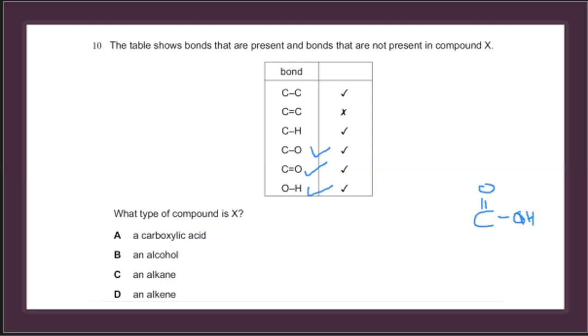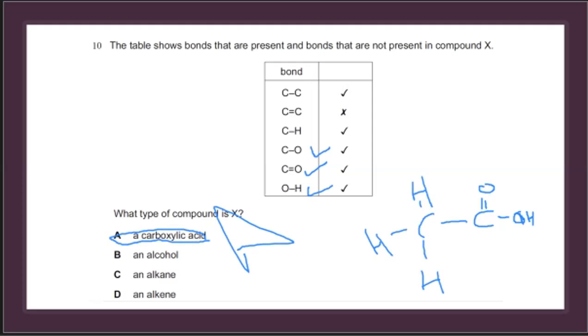Carbon-hydrogen, so I could put a carbon bonded to hydrogen, and have a carbon-carbon bond. So yes, I'm dealing with a carboxylic acid. The answer is A, as in apple.